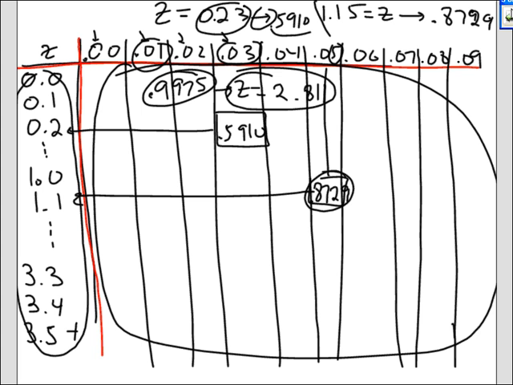If z is more than 3.55, they tell you to use 0.9999. You always get 0.9999 for all of them.